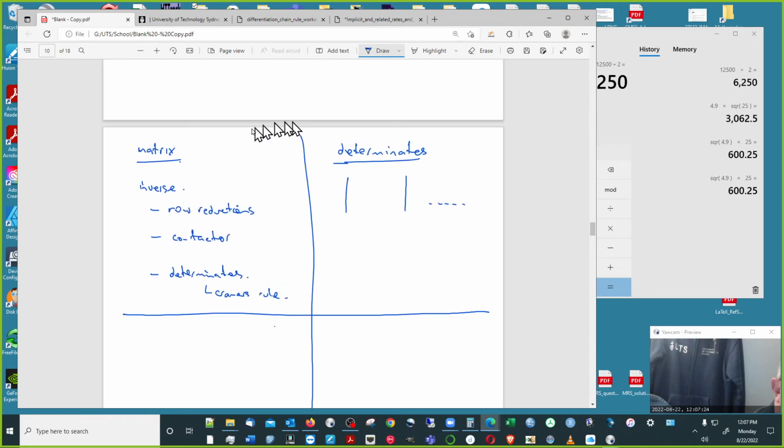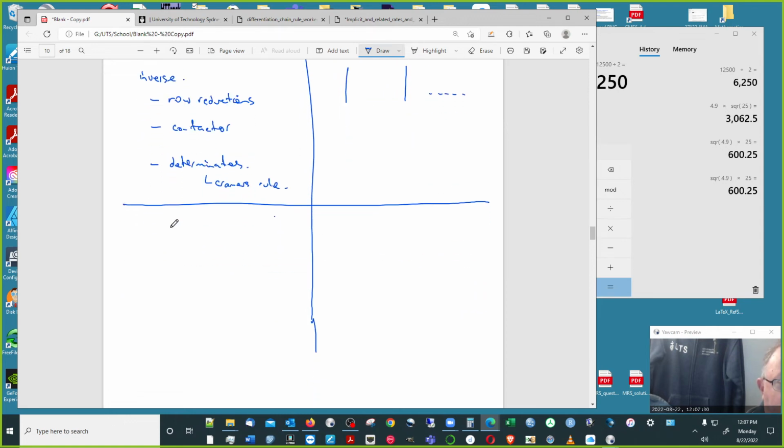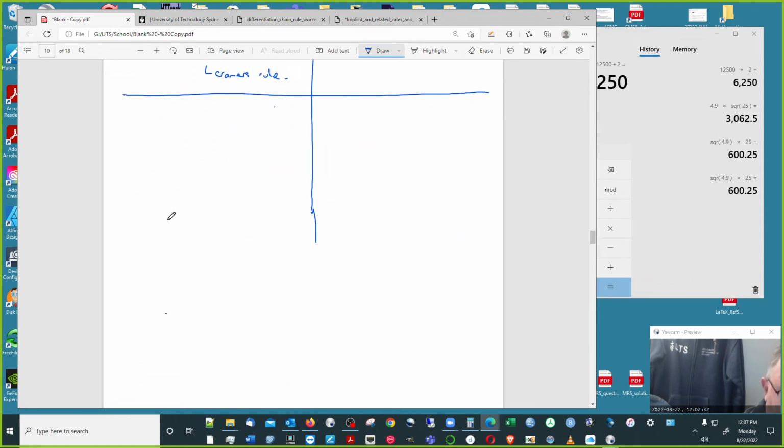All right. So there's a couple of things about matrices that we need to be aware of. Let's do a simple one, something like this. I'm not sure where they'll meet exactly.